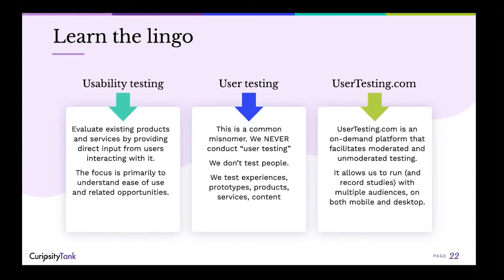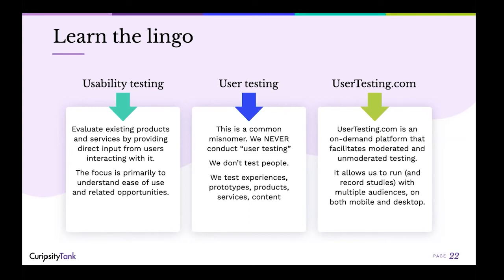In contrast, usertesting.com is an on-demand platform that facilitates different types of studies. These could be moderated studies or unmoderated studies. It allows us to run studies, record studies, edit studies, pull out highlight reels. It produces sentiment scores.